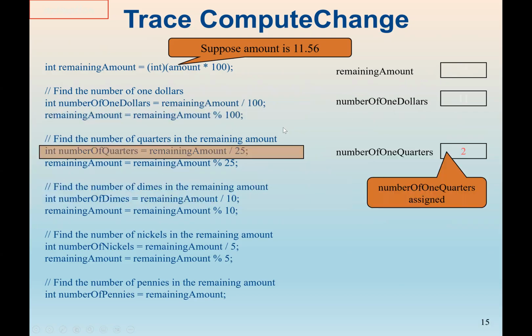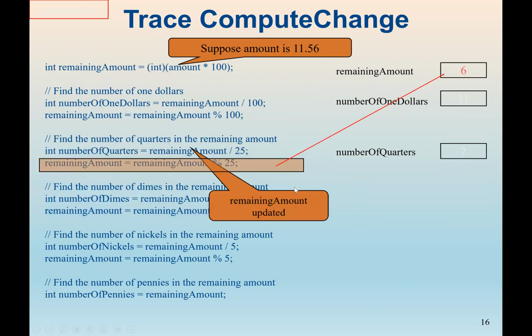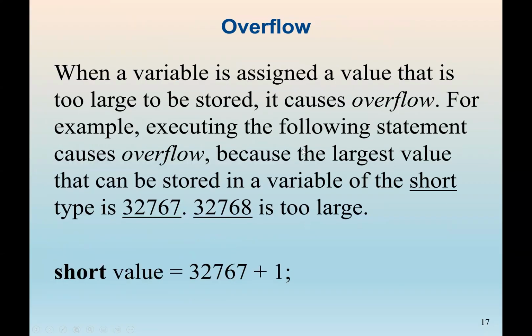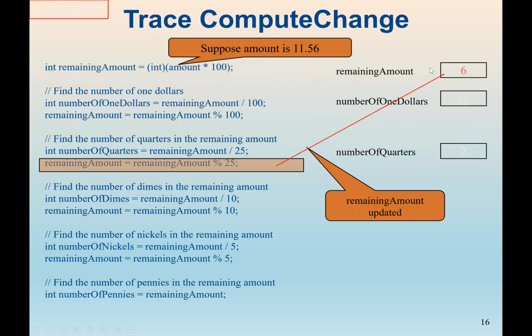Then we divide 56 by 25, we get 2, and the remainder will be 6. When we reach here with 6 remaining, if we divide 6 by 10, we get 0 point something. We know a dime is 10 pennies, but here we have only 6 pennies. So that means that will be our last section.